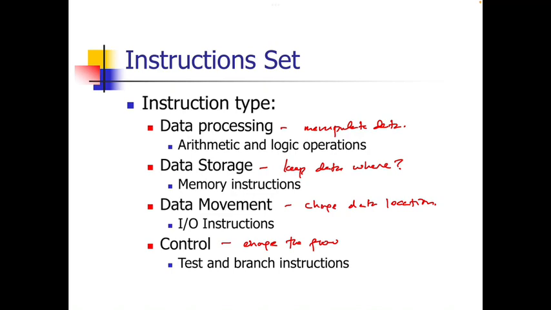For example, if statement, for, so this is all under the control. To test and branch instruction, we divert instruction to another. In this case, we have many for the control.